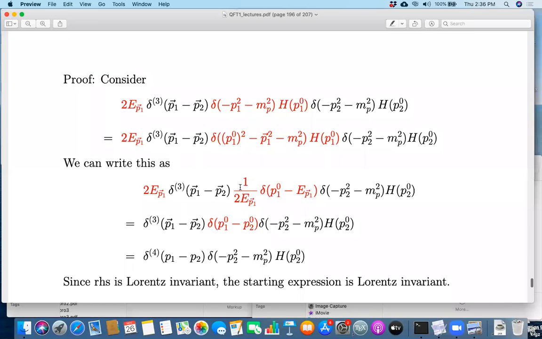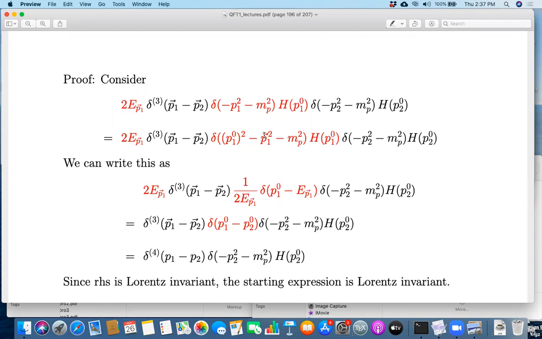Now the next step, where I have manipulated here. See this delta function. What it does is set P1 0 equal to plus or minus square root of P1 vector square plus MP square, that is plus or minus EP1. But because of this Heaviside step function, only the plus sign is relevant. The minus sign vanishes, since H is 0 for P1 0 equal to minus EP1.